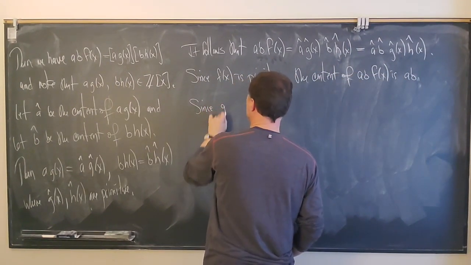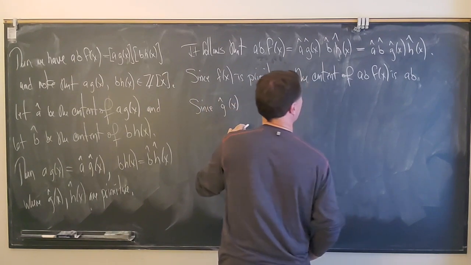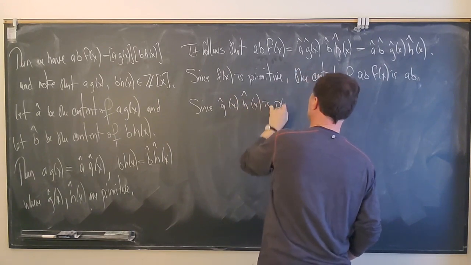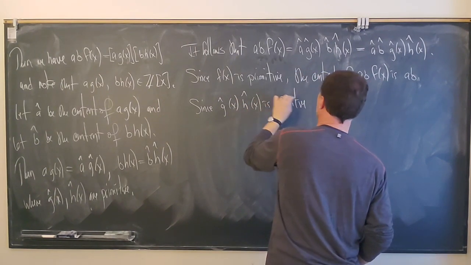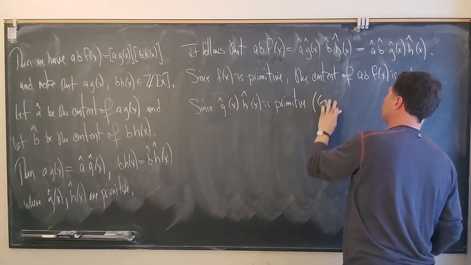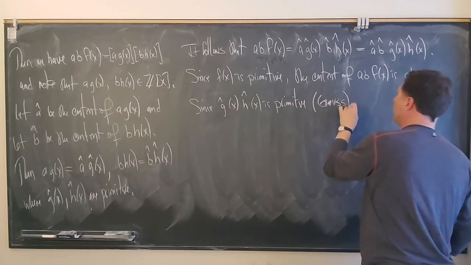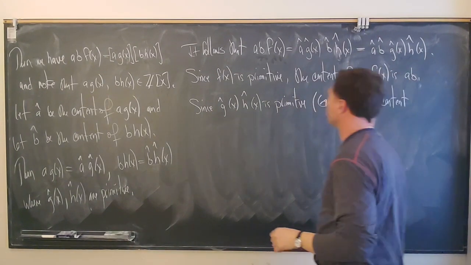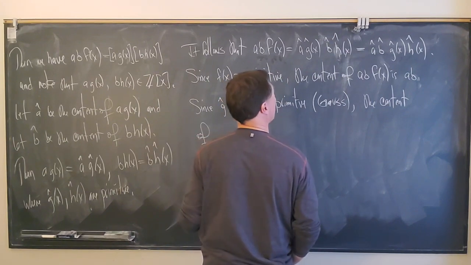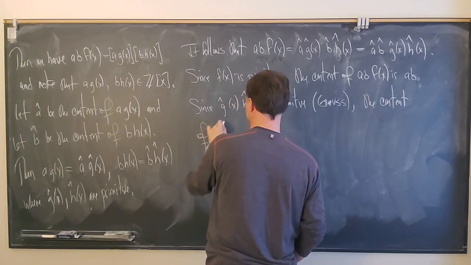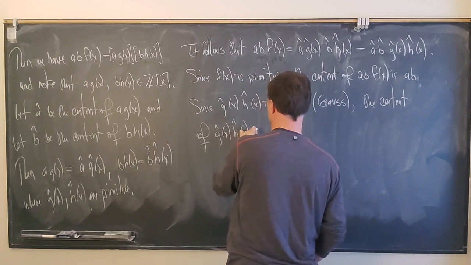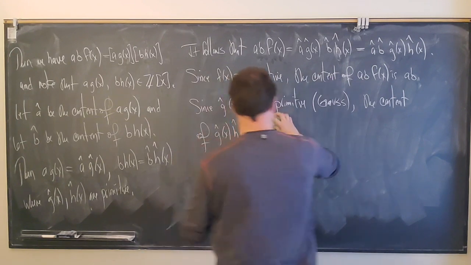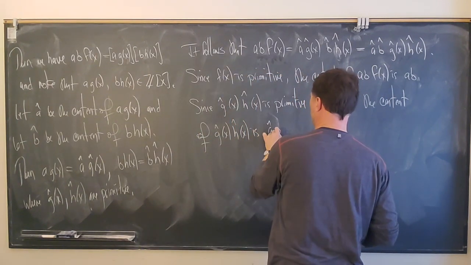Since g hat of x h hat of x is primitive, there's Gauss: the content of g hat of x, h hat of x is a hat times b hat.